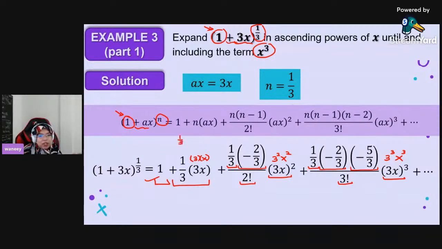The x just stays behind. Can you see? If not, I'll use another colour. Make sure 1 over 3 multiply with 3 and then x. 1 over 3 multiply with 3 gives 1, so we get 1 multiplied by x. So the answer for this one will be x.